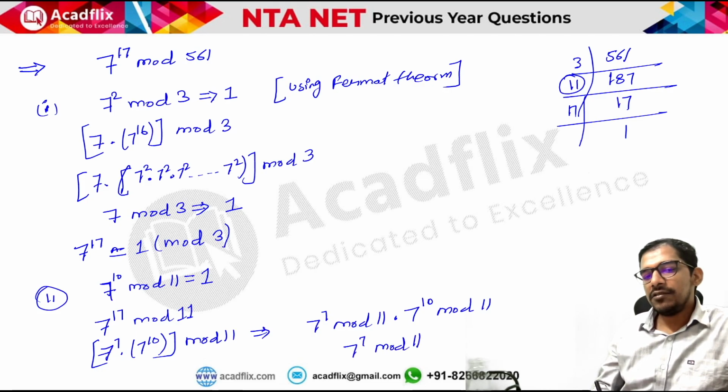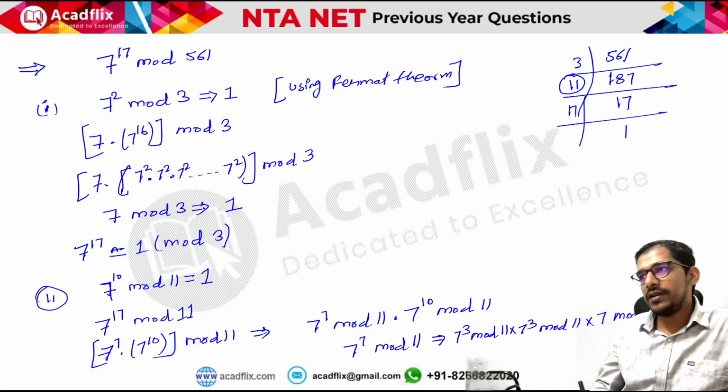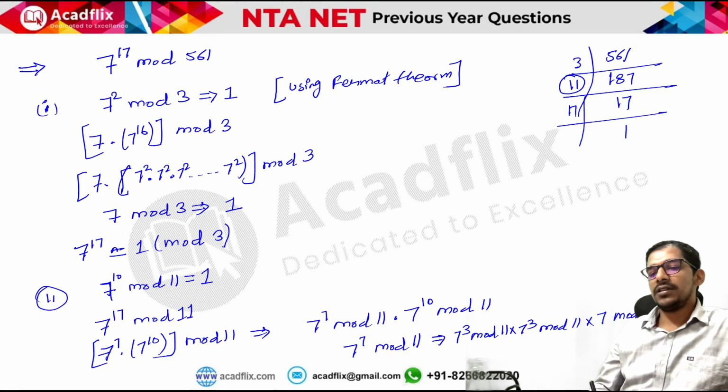And 7 to the power 7 can further be divided, and we can write it as 7 to the power 3 mod 11 into 7 to the power 3 mod 11 into 7 to the power 1 mod 11. So this will become 3 plus 3 is 6, plus 1 is 7, 7 to the power 7 mod 11. We have simply divided this.